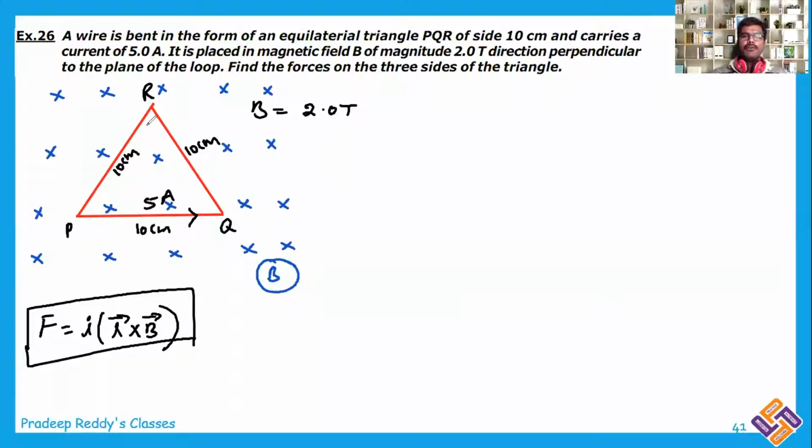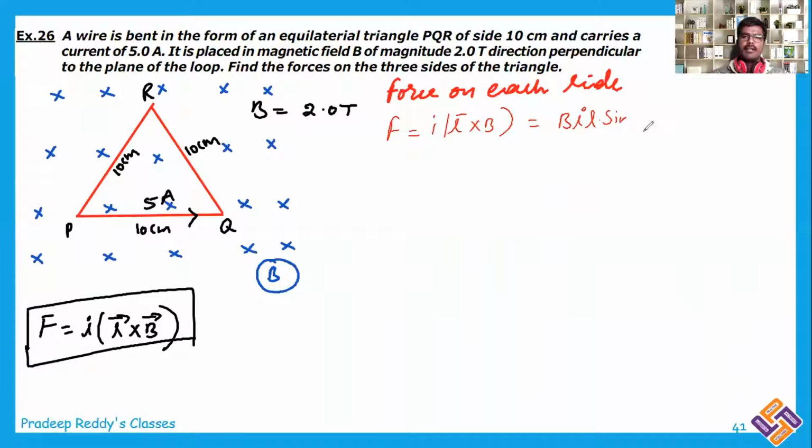So if you want to find the force on each side, you can just write F is equal to I into L bar cross B bar, or you can write it as BIL into sine 90. The angle between this wire and the magnetic field is 90 degrees, so I am taking sine 90, which is equal to 1, giving BIL.